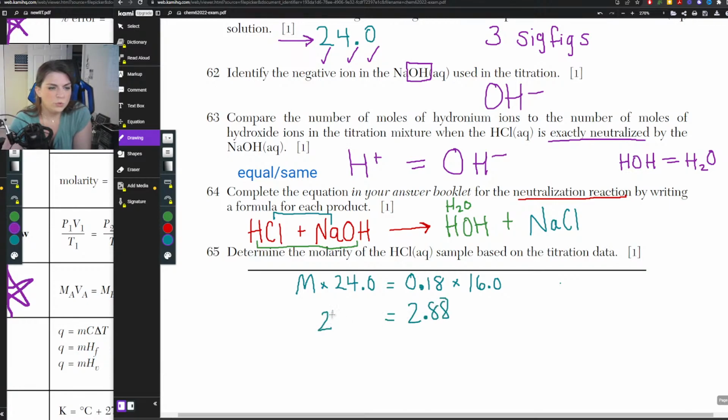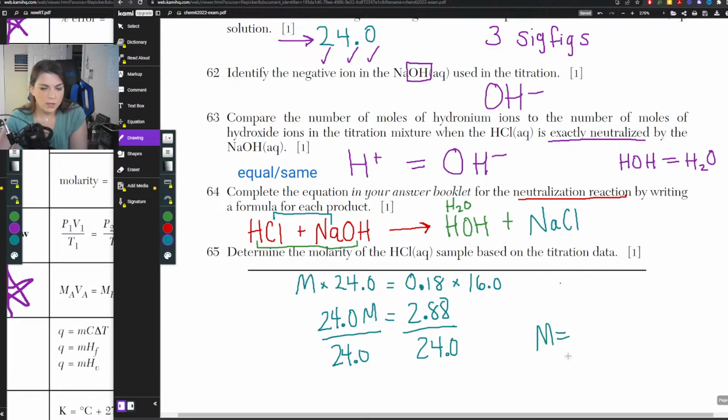That's equal to 24 M. Divide both sides by 24 in order to get M by itself. And the answer I am getting for the acid specifically, the molarity there is 0.112 molar, which to me makes sense.